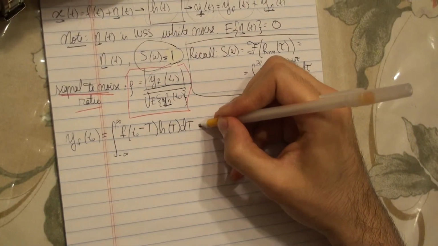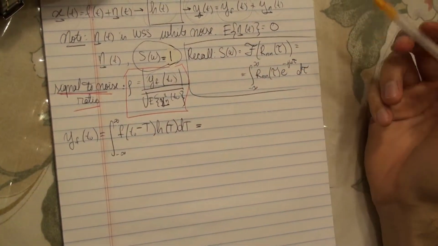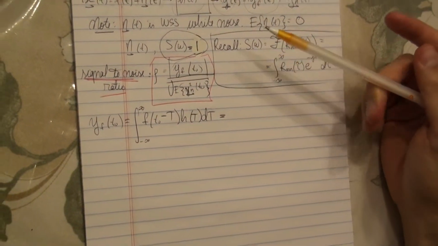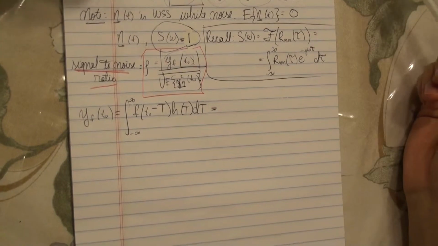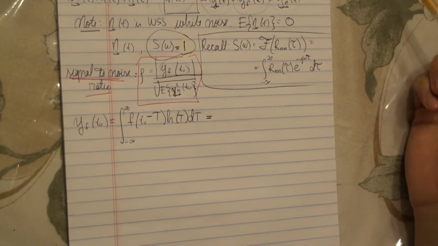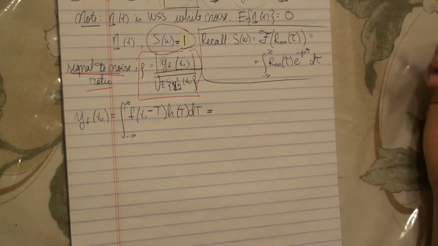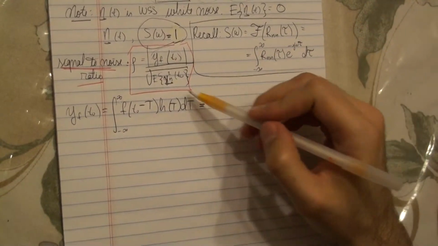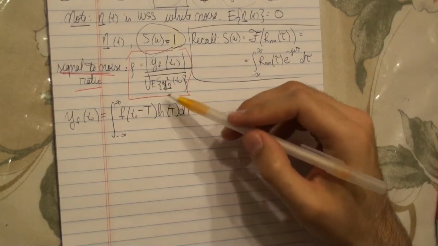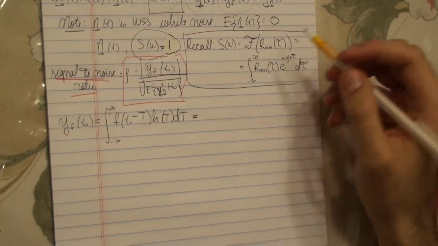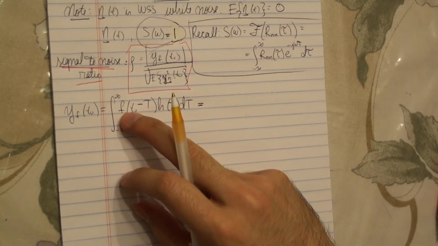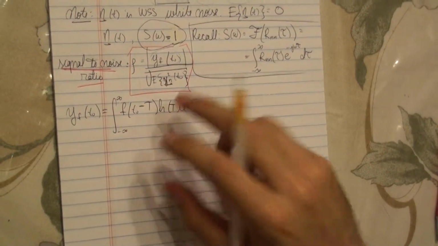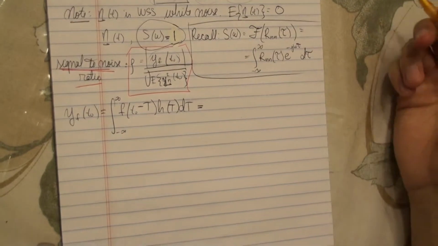Now, convolution in the time domain is the same thing as multiplication in the frequency domain. So in the frequency domain, if I take capital F and capital H, I can multiply them together and I get the same value.